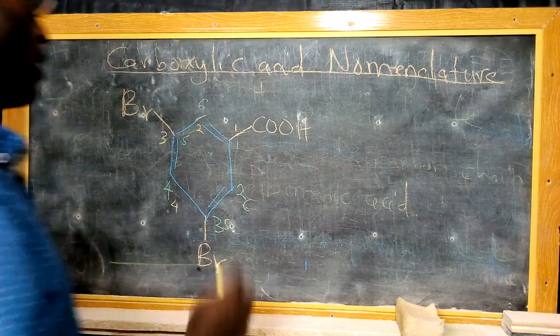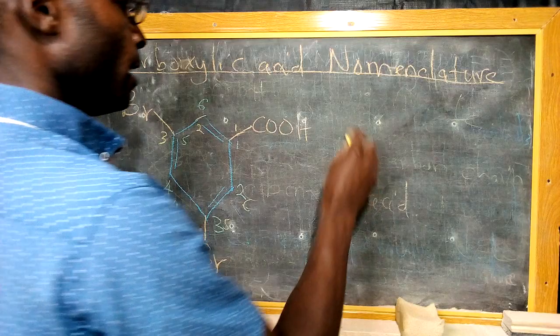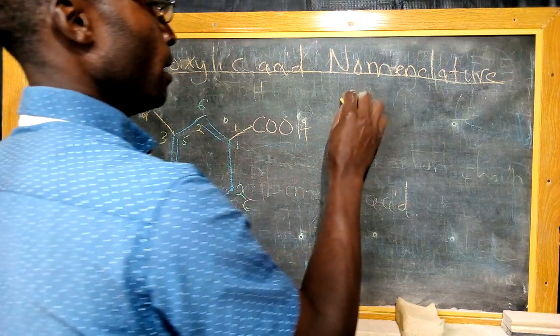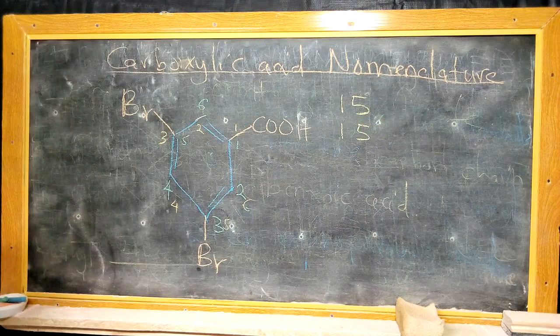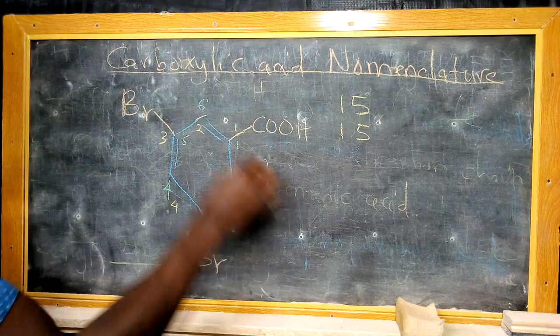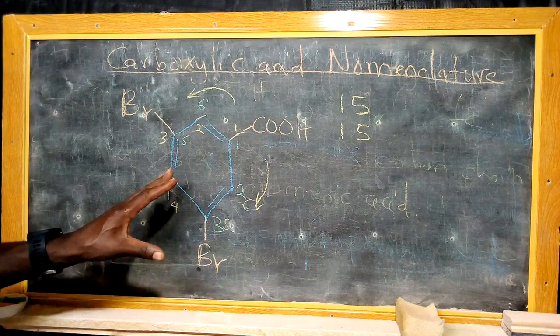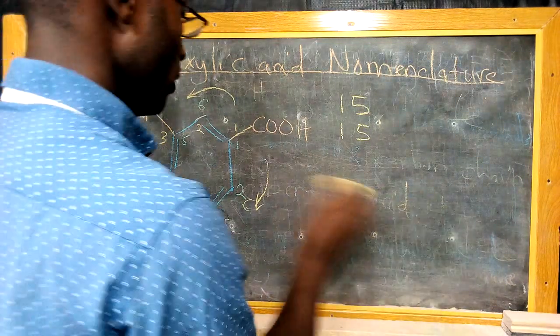You will find that either the one in green or yellow, from the carboxylic acid functional group, we shall have the numbers 1, 5, 1, 5. So if we follow either route, we shall have the same priority, which means we can follow either route in numbering these substituents and come up with the correct name that we are looking for.